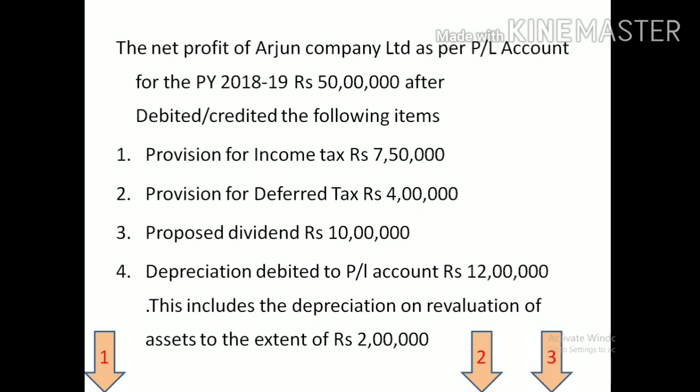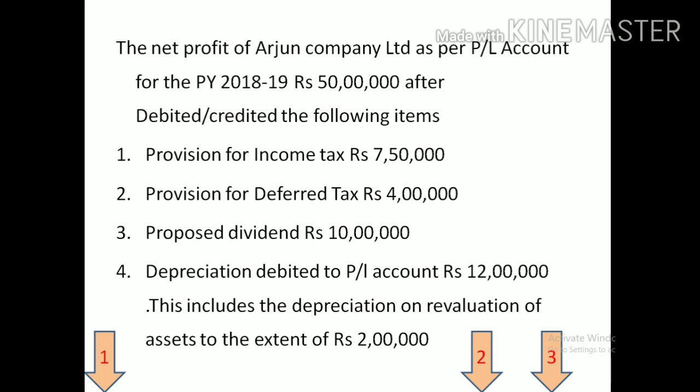First, we will add some statutory additions to the profit, so please observe the debit side of the profit and loss account. It is given in statement form, so we will analyze which elements are debited. The first one is provision for income tax. When they create the provision, that time they will definitely debit the profit and loss account.